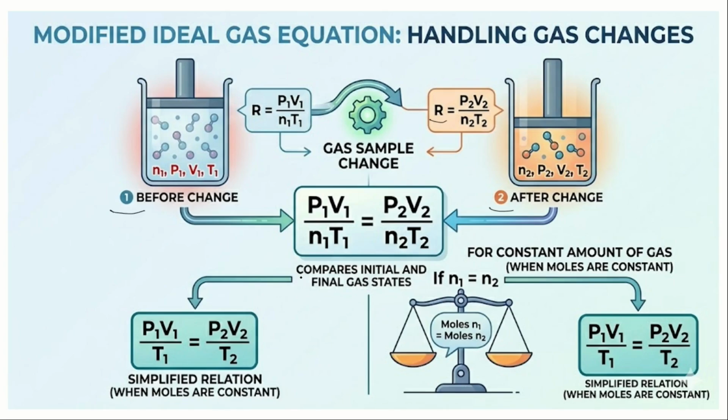If you know the initial conditions, for example for gas number 1, before changes, and you alter a few variables, you can easily calculate what the remaining unknown variable will be. On some occasions, to make this equation easy, we will consider that the amount of the gas is always 1, and if n1 equals n2, you can eliminate them from both sides and simplify this equation like that.